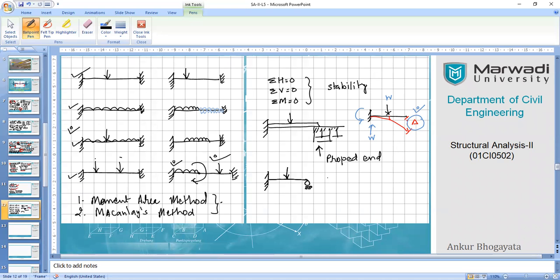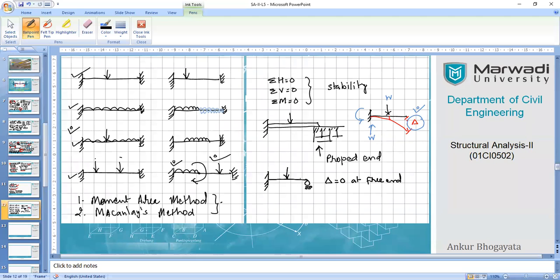So in short, delta is 0 at the free end. So this has indirectly become a condition. That means the deflection should be 0 at this end.